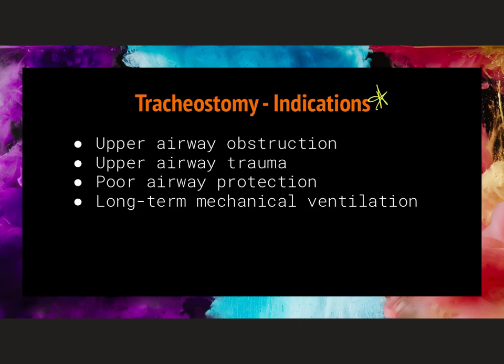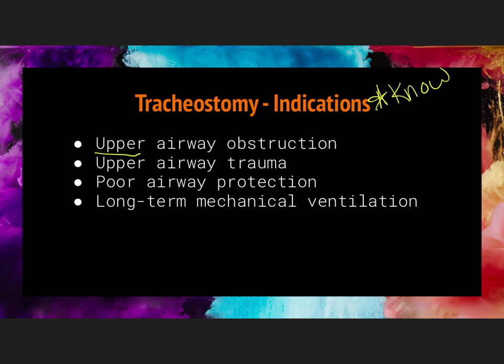So you know me, know your indications. Okay, so the first one would be upper airway obstruction. So this is something that causes the nasal passages to be bypassed. Or the mouth has an abnormality for whatever reason.